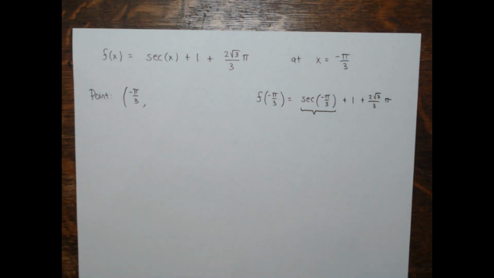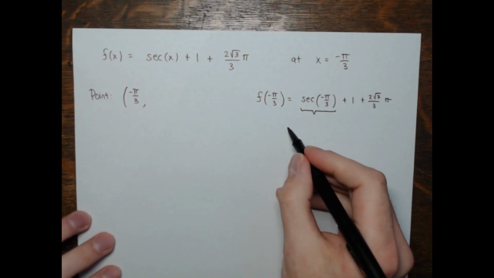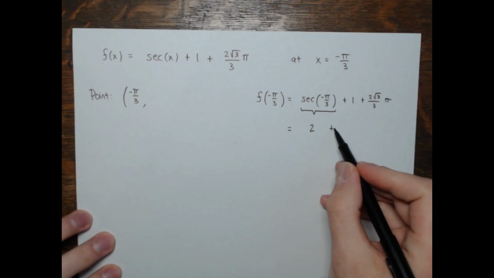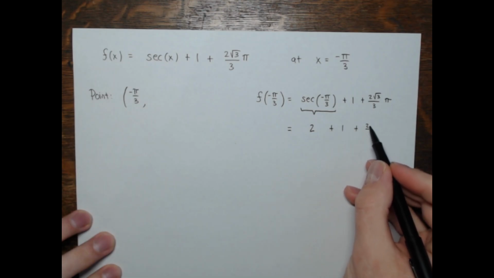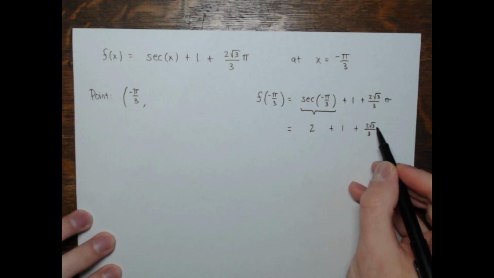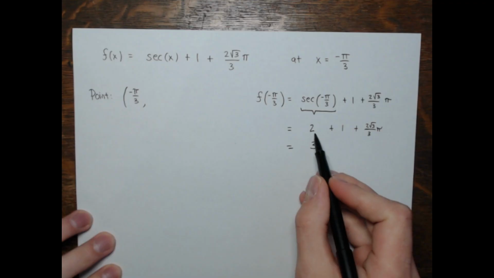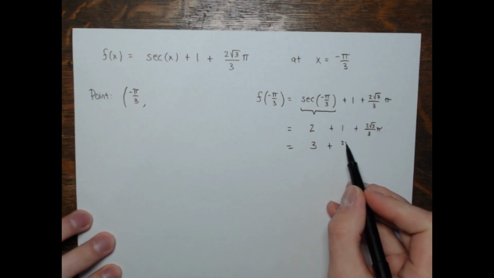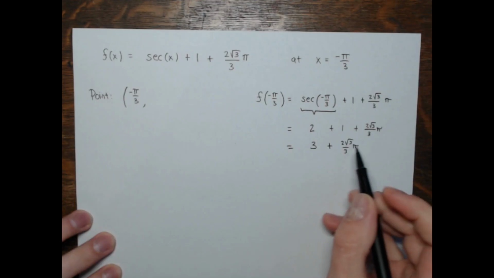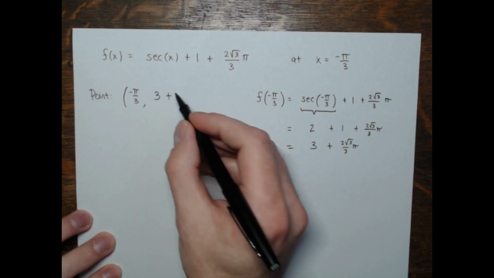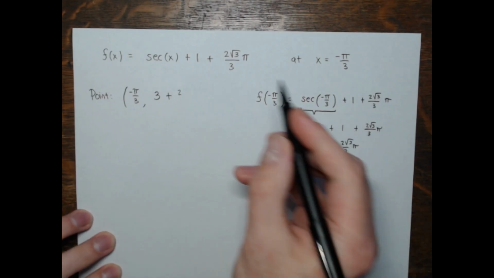You might recall the cosine of 60 degrees or pi over 3 radians was a half. Same thing for negative pi over 3. So secant is the reciprocal of that, which is just 2. Then 2 plus 1 plus 2 root 3 over 3 times pi, so we got 3 plus 2 root 3 over 3 times pi. There's my y coordinate of the point that we're at.